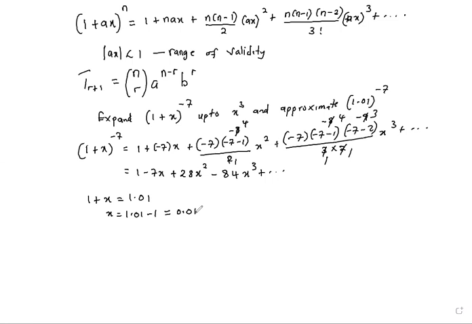Okay, so this means that 1 plus 0.01 to the power minus 7 is now going to be 1 minus 7 times 0.01 plus 28 times 0.01 power 2 minus 84 times 0.01 power 3.